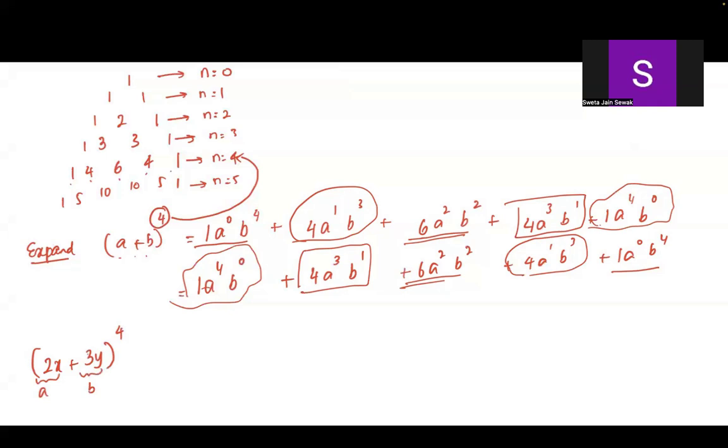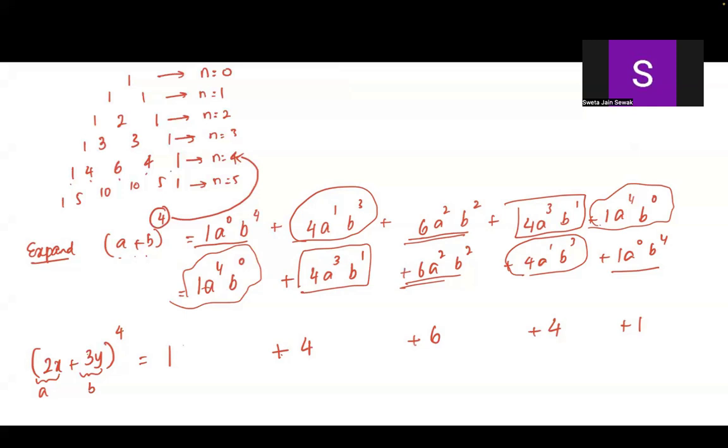So all we need to do is, let's put our coefficients in place. 1, 4, 6, 4, 1. And we know we can either choose to have increasing power of A or decreasing power of A. So I'll do the increasing power of A.